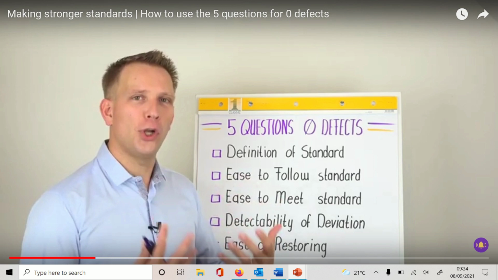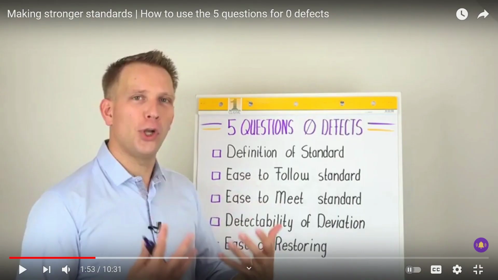Now what these 5 questions are designed to do isn't just to make sure that you've got a good standard, but that you're applying it in a good and easy to use way, because just writing documents doesn't mean that you control the process. You have to get the information to the point of activity and make it easy to read and see every day. So here's his 5 questions.